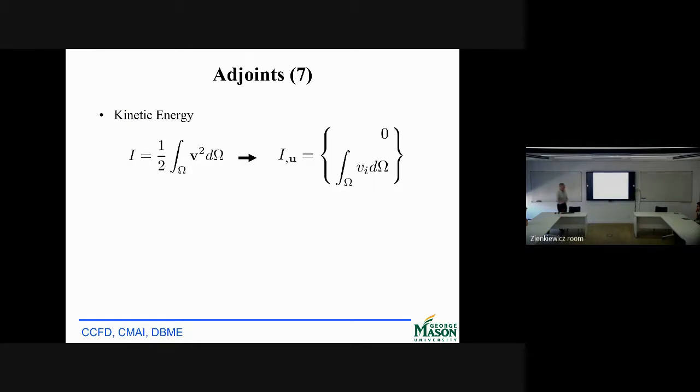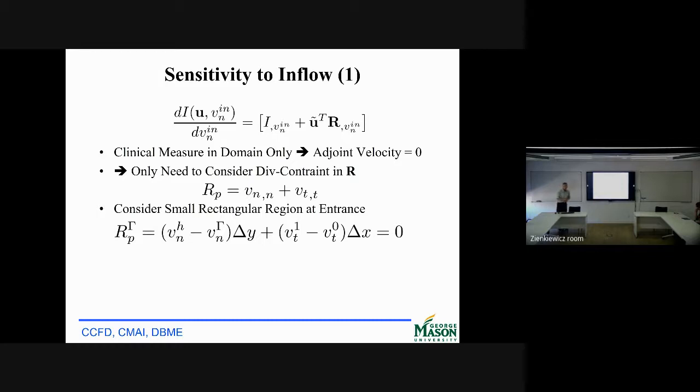Okay, so if we now look at kinetic energy as our measure of clinical relevance inside the aneurysm, we want to compute the influence of the kinetic energy with respect to the inflow velocity inside the aneurysm. Okay. So the clinical measure is in the domain only.